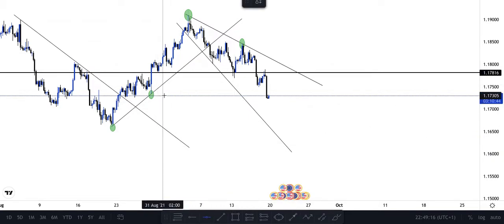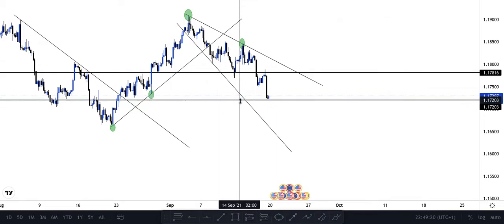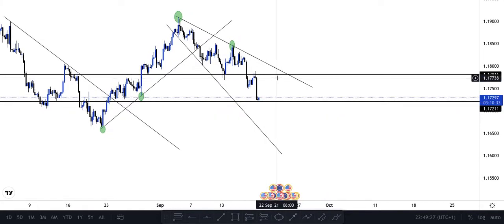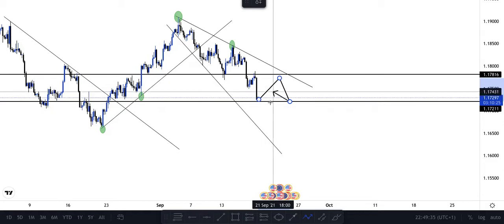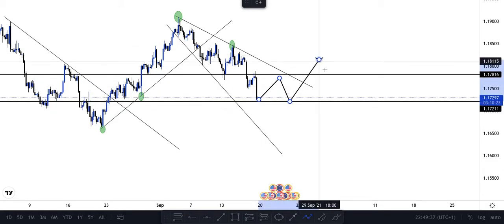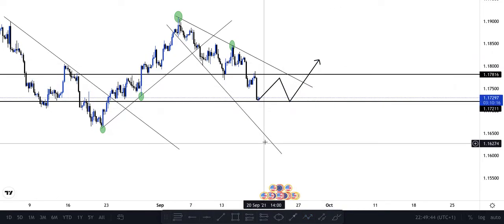We do have a level of support here, so we could possibly see some rejection of this level for a little bit of a retest. So the market could do something like this and then maybe break, or it could be just a little bit of a retest for a continuation to the upside. So that's what I have for EURUSD.